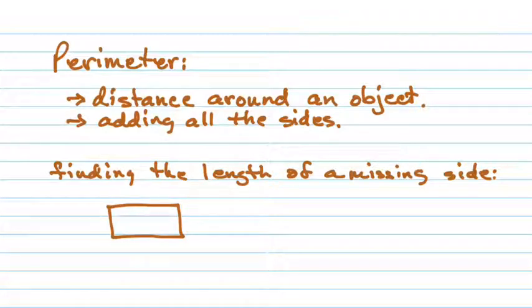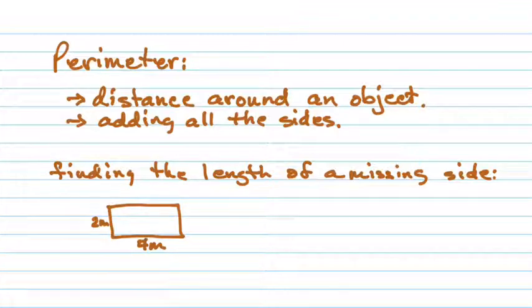All right. So we have a rectangle, and let's say that this is 2 meters and this is 4 meters. Very easy on this one, because what do we know about rectangles? That if one side is 4 meters, the side opposite it is also 4 meters.